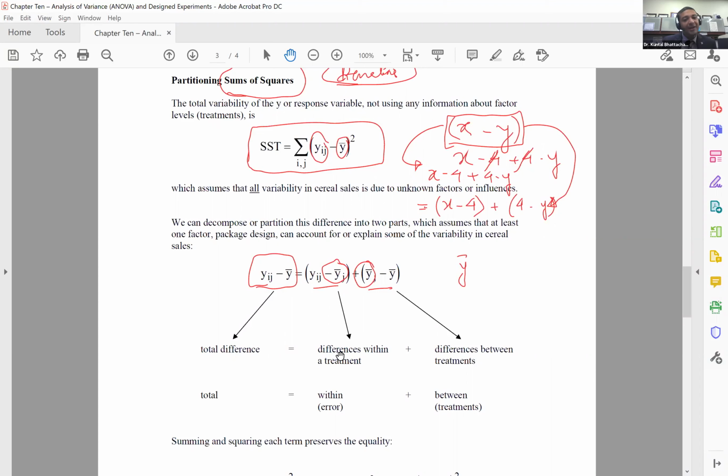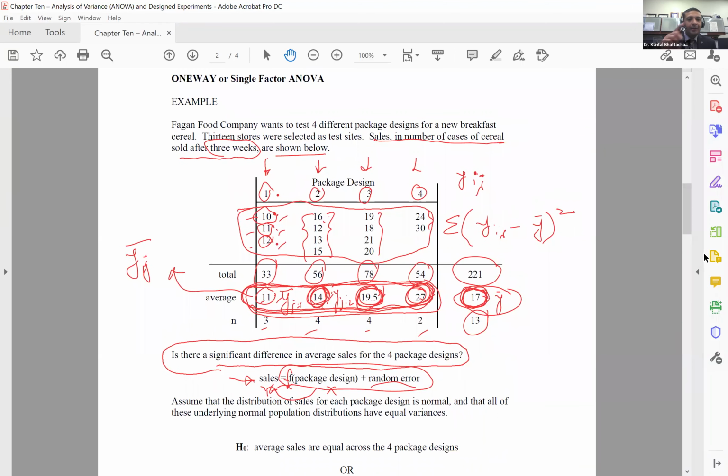So in other words, it's the difference within a treatment. You are trying to see how much different they are between these numbers, these numbers, and these numbers. So that is within the treatment.